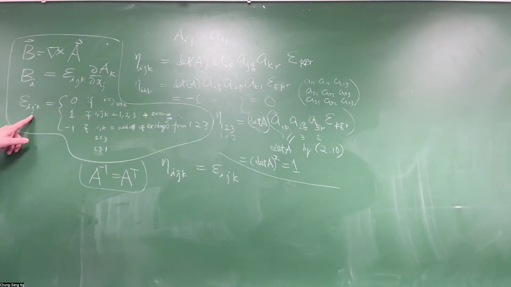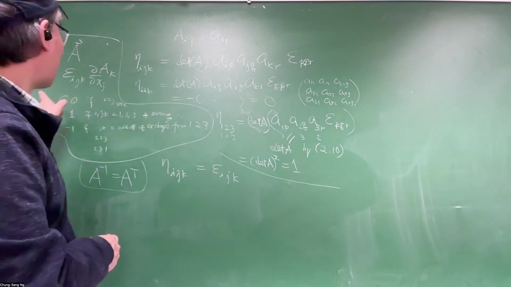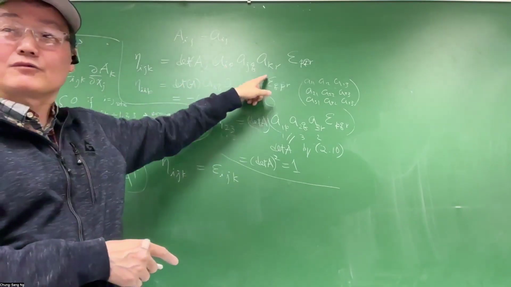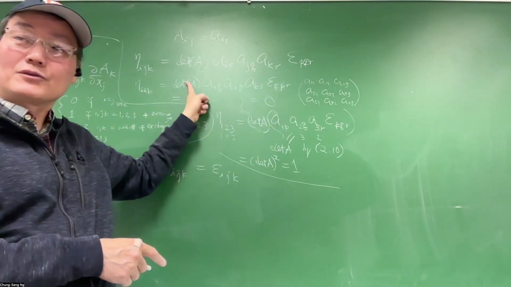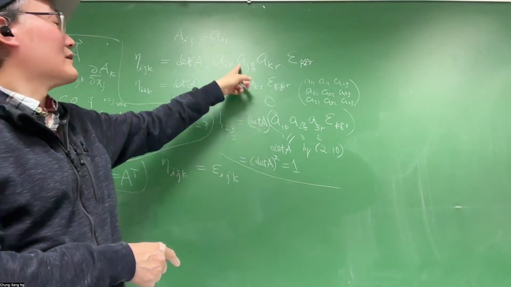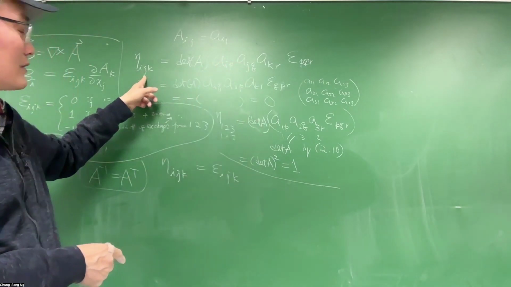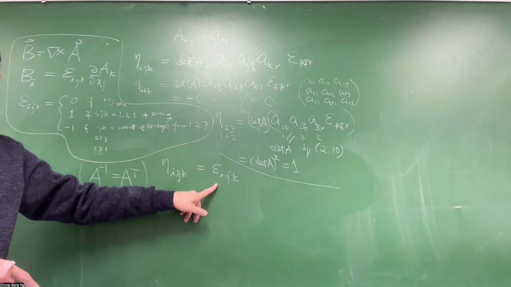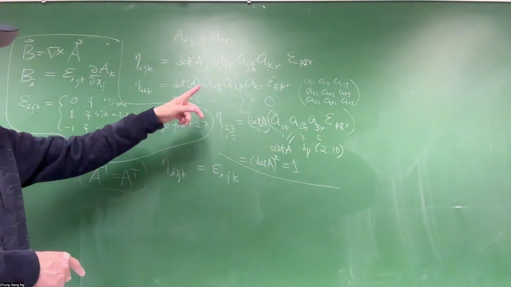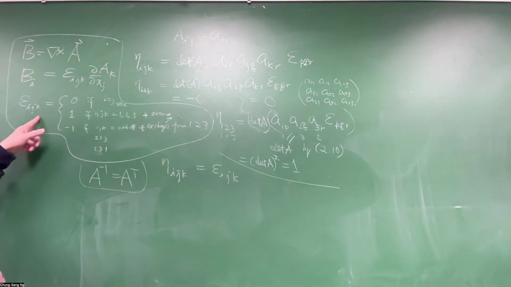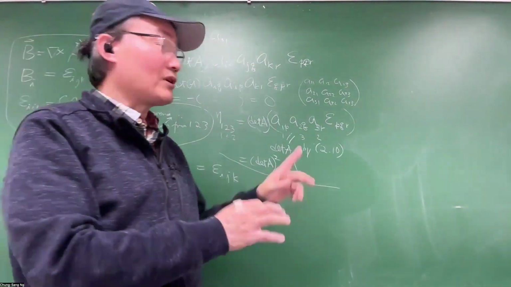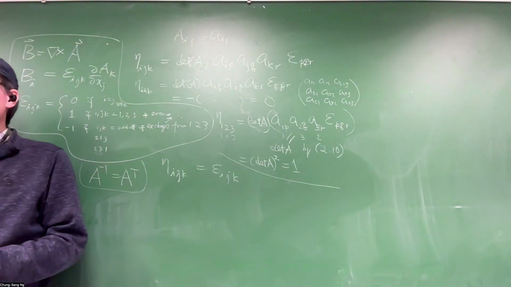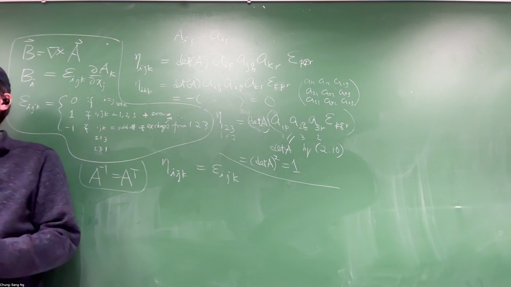Okay, and so this is well defined. And we want to transform this object from one coordinate system to another according to the rule of transformation of a pseudotensor. And we show that according to this rule, in the new coordinate system, this object is exactly the same, epsilon ijk. And so the epsilon ijk is a pseudotensor, transformed by the rule of how we transform a pseudotensor. That is the logic.